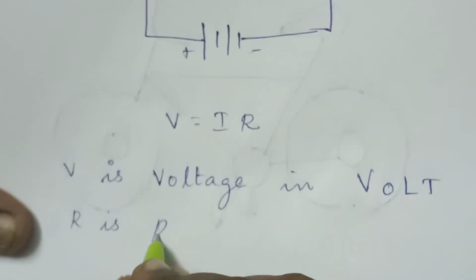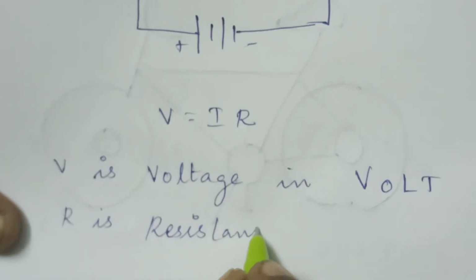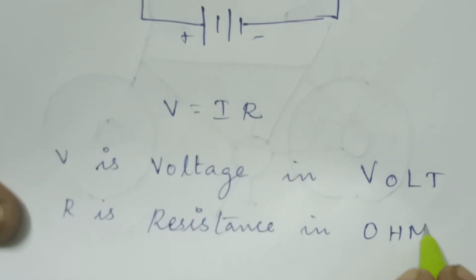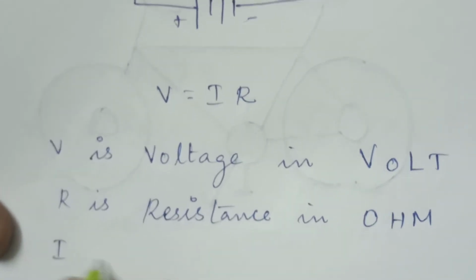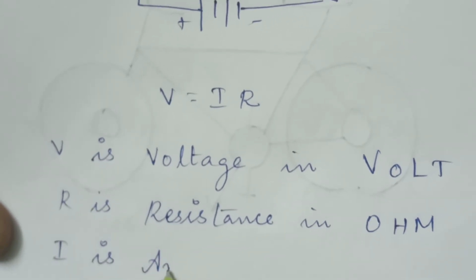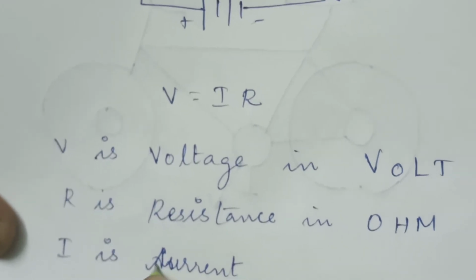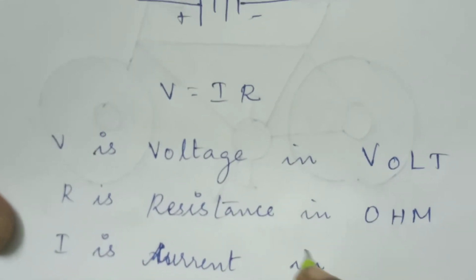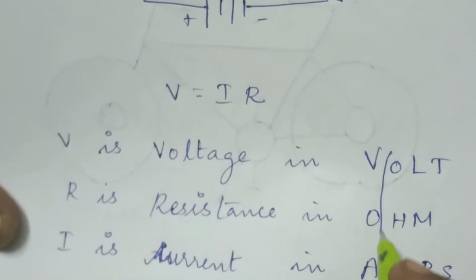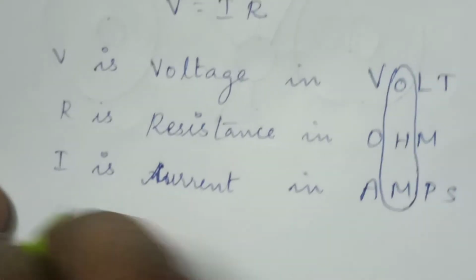R is resistance and is expressed in ohm, and I is current which is expressed in amps. Now you see the beauty here. All the second letters of the units constitute Ohm's letter.